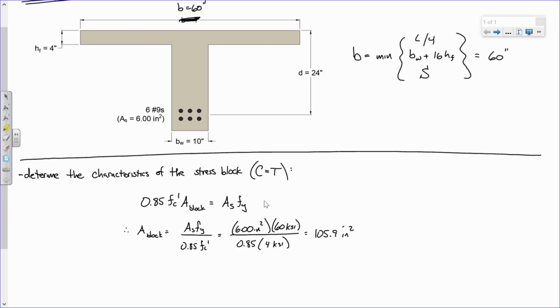Square inches, right? Do I have a second on that value?